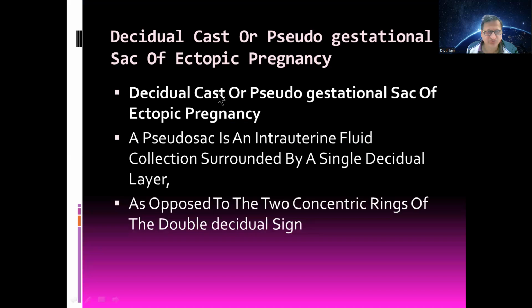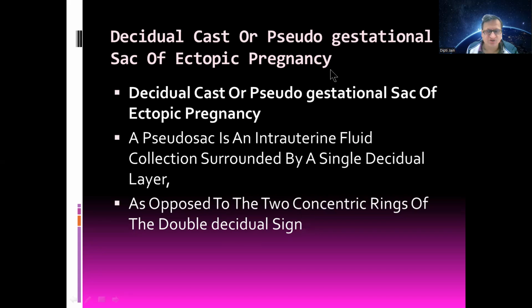The decidual cast or pseudogestational sac of ectopic pregnancy is an important finding. It is an intrauterine fluid collection which is surrounded by a single decidual reaction, as opposed to the two concentric rings of the double decidual sign.